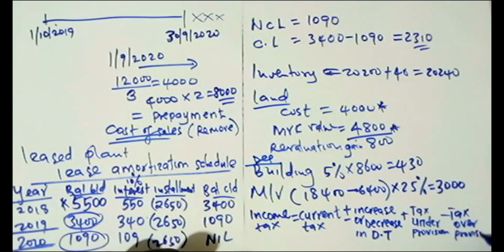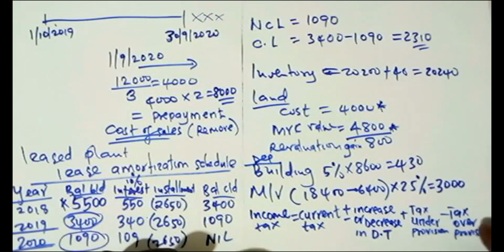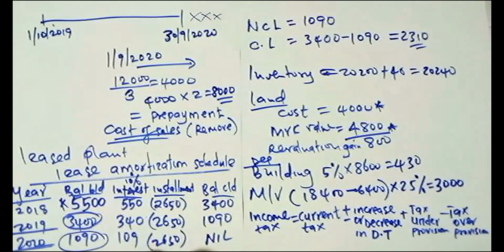Here the examiner was a bit fair. He told you that the 8,000 represents an over provision. In some questions, you will not be told. You may be told that the current tax in the trial balance represents an under provision or over provision. It is up to you to use your own knowledge to determine if it is an over or under provision. Obviously, you know that if it is an over provision, it is an income.